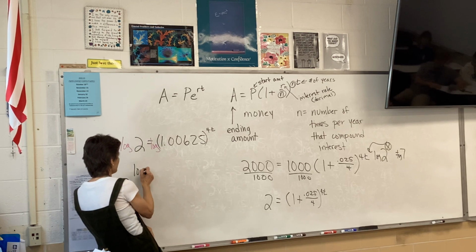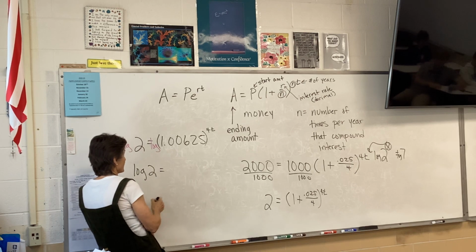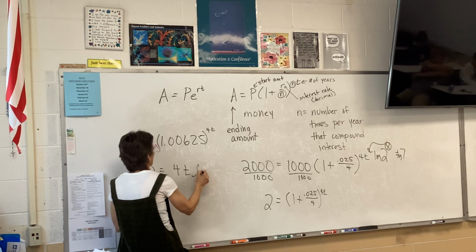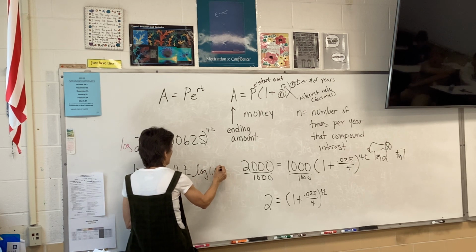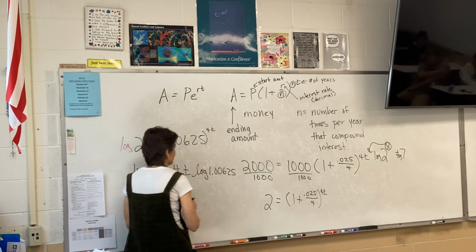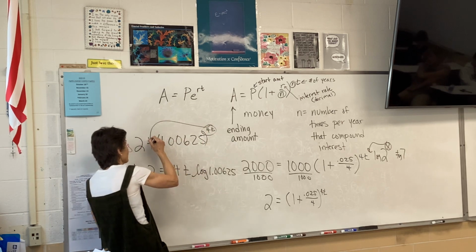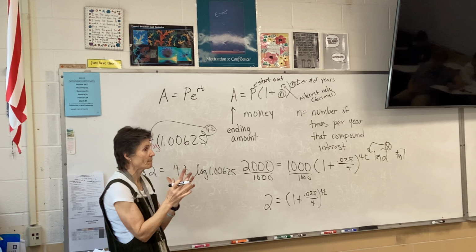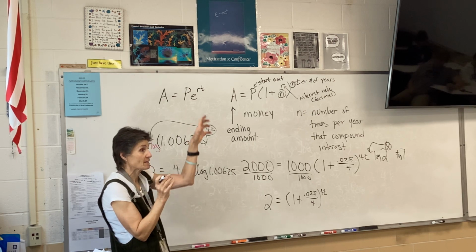So the log of 2 equals 4t, the log of 1.00625. This comes out in front. That's why we take the logarithm. That's the beautiful thing about logarithms. We can pull that exponent off.